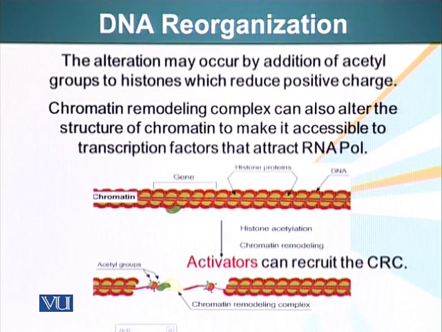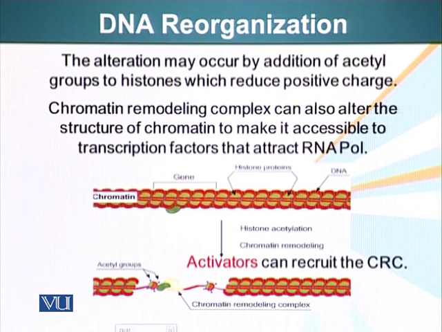One of the things that have to happen is removal of the histones. A chromatin remodeling complex is recruited by the activator. The chromatin remodeling complex, or CRC, one of the things it does is put acetyl groups onto the histones. As we know, acetyl groups are negatively charged.